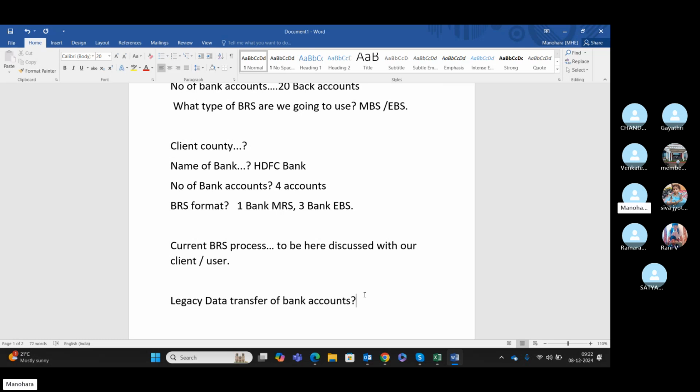Before configuration and everything is done in SAP, we have to understand how they're passing the journal entries. If we don't understand how the existing processing happens at the client, how they pass entries, then after configuration we cannot understand it, right? Configuration becomes a very tough task, a big issue.